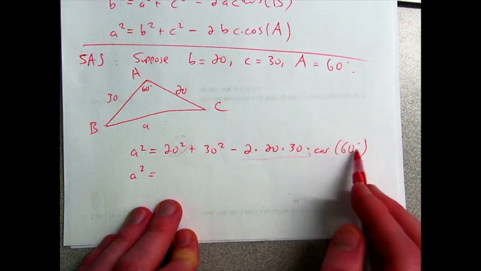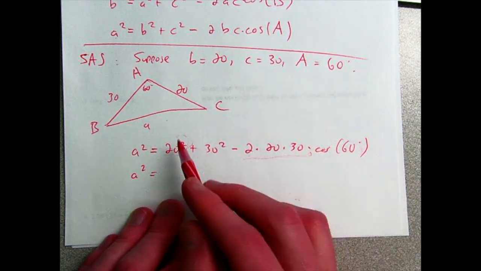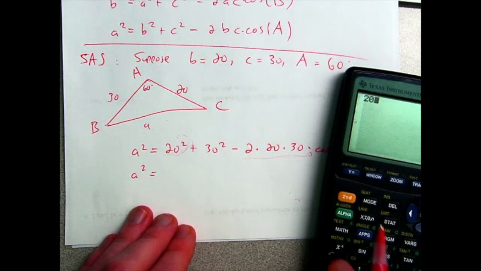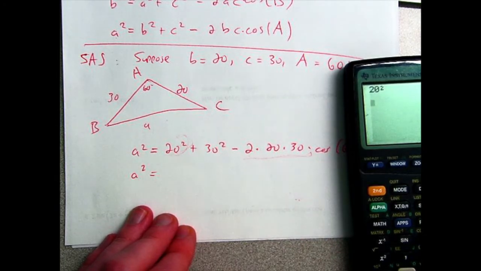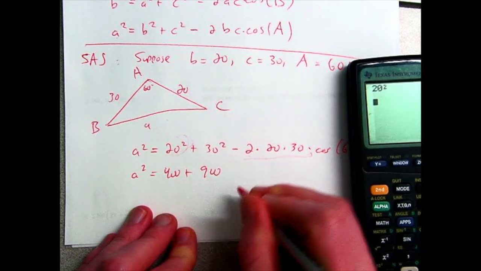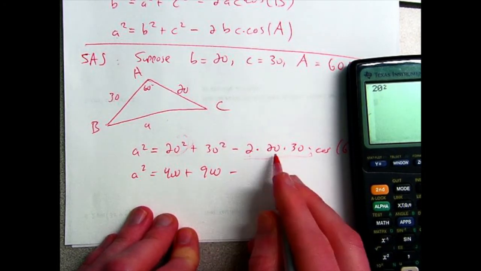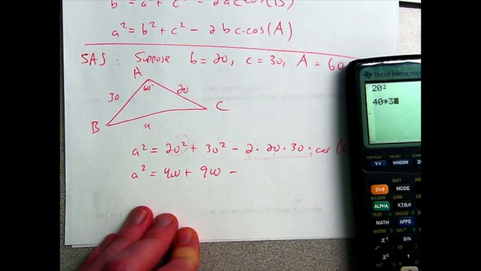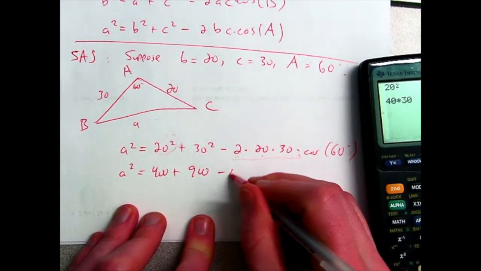So take care of the multiplication before you try to combine these terms. So 20 squared is 400. So 400 plus 30 squared is 900. Minus 2 times 20 is 40, times 30 is going to be 1200. So this is minus 1200.